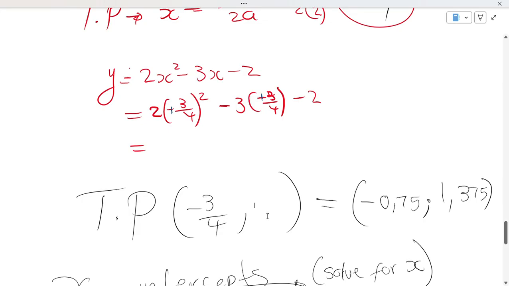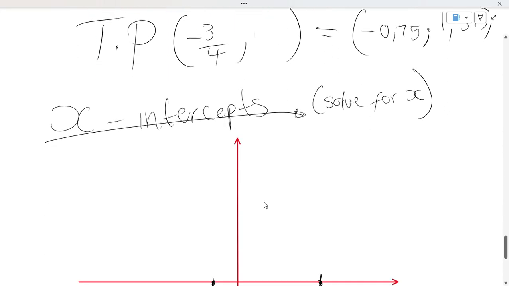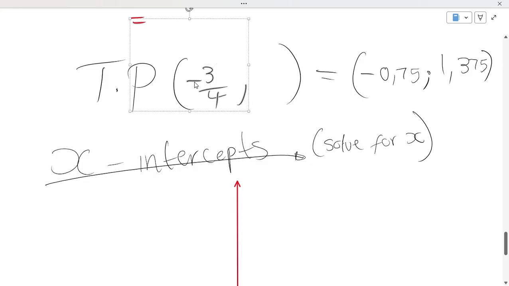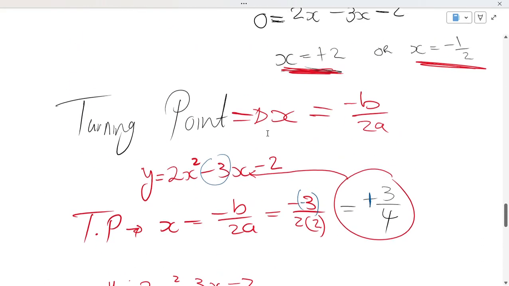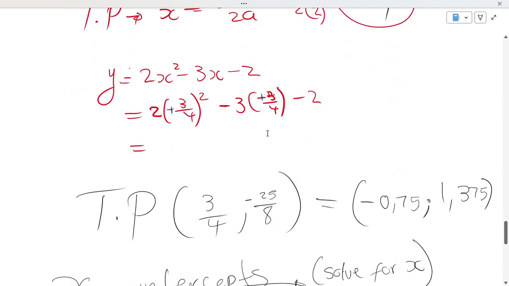Right, so y is going to be completely different. So it would be negative 25 over 8. I think this is the same answer you got with your formula.